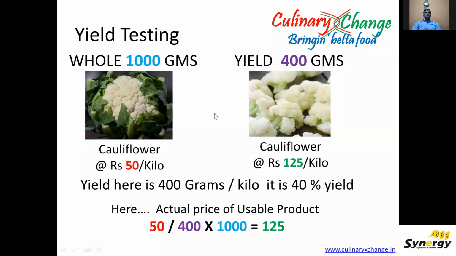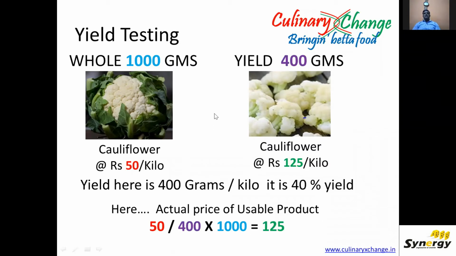In this slide, we see yield testing of cauliflower. Our objective in yield testing is to understand the yield of usable quantity and the price of the same. Suppose we buy cauliflower. Let us try to see a yield test on cauliflower here. We take 1 kilo of cauliflower.